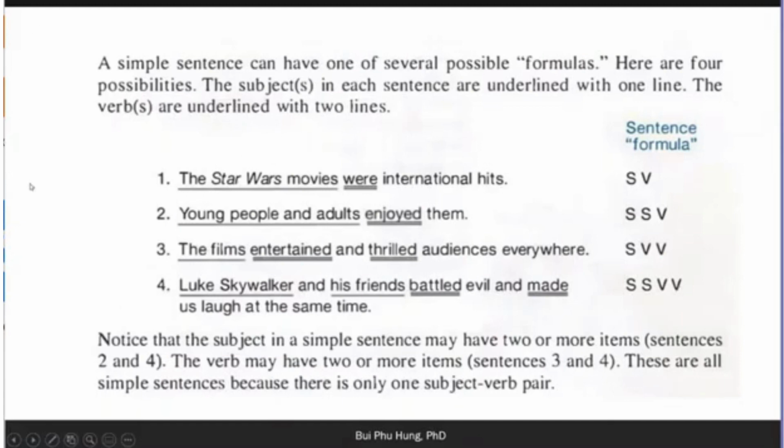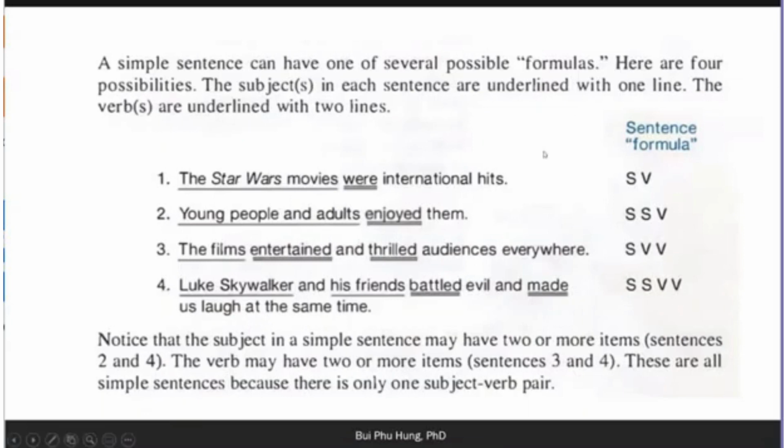The Star Wars movies were international hits. Young people and adults enjoy them. The films entertained and thrilled audiences everywhere. Luke Skywalker and his friends battle evil and made us laugh at the same time.